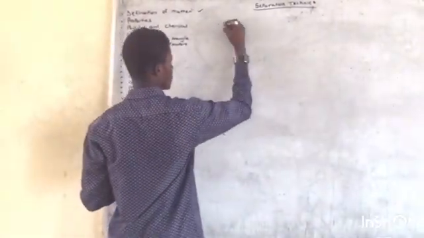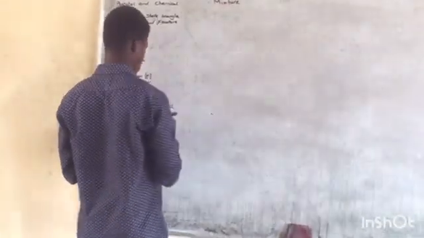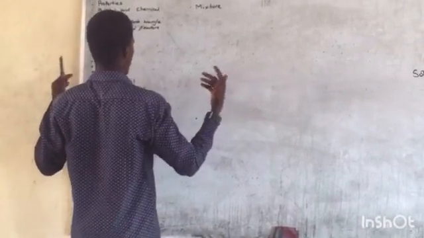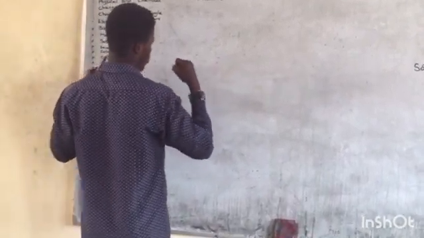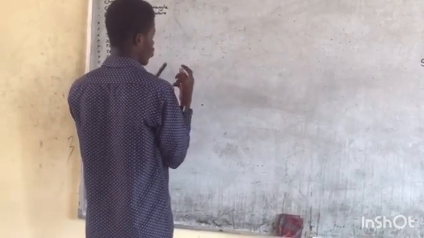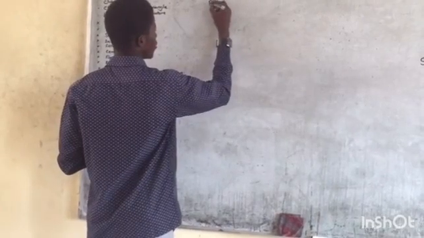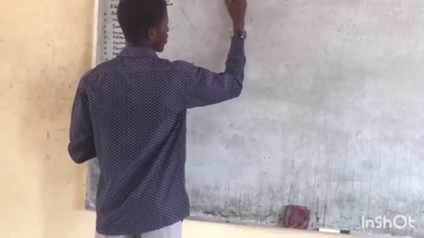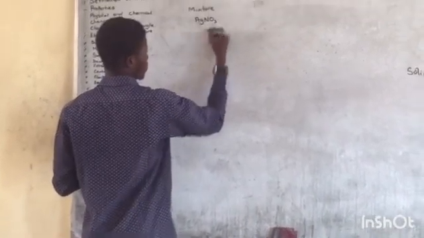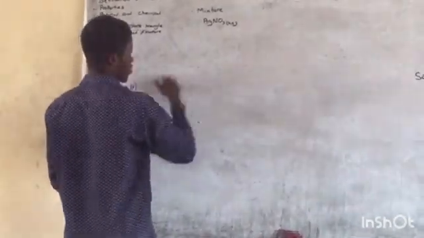So mixture. What's a mixture? A mixture is two or more compounds that are not chemically bonded together. For example, when you have a solution, let's say AgNO3 aqueous, it's a solution of this compound. There is water inside.